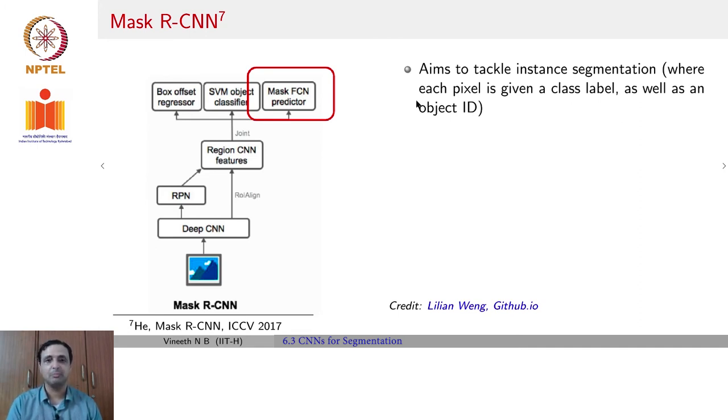So if there are multiple people or multiple chairs or multiple dogs, you want to also separate those instances of the people and instances of the dogs, which the basic semantic segmentation task did not consider. In semantic segmentation, a dog would be a dog pixel, whether there were 2 dogs or 3 dogs or 4 dogs, all of them would just be classified as dog. But in instance segmentation, we want dog 1, dog 2, dog 3 and dog 4.